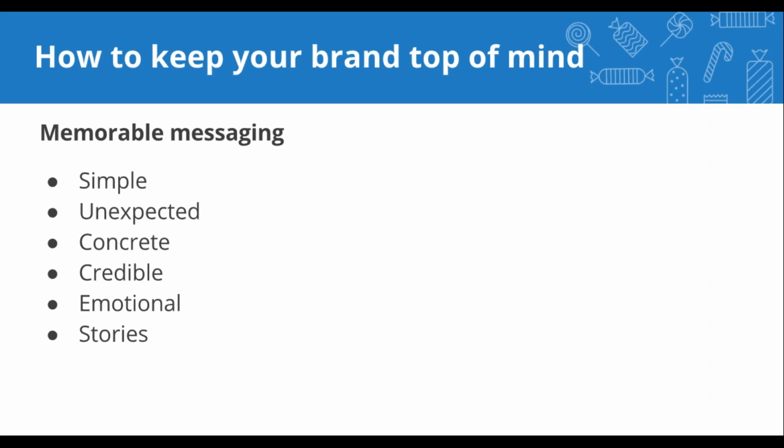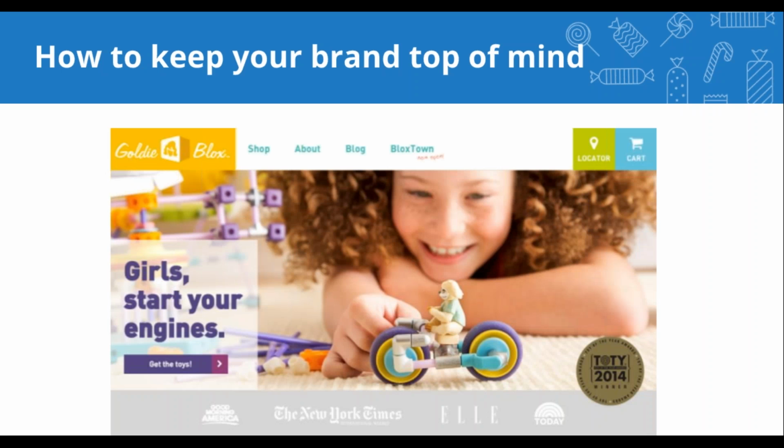And for this too, actually, for emotional and stories, there's an example that I love to share, which is Goldie Blocks. Goldie Blocks is a company that's an e-commerce store that sells toys. And so therefore we could say that they are in the toy business and they are competing with Toys R Us and Mattel and Hasbro and all these big corporations. So it's very tough for them to compete against them.